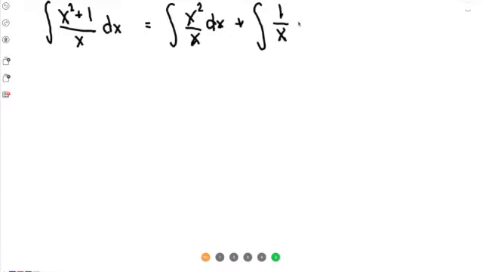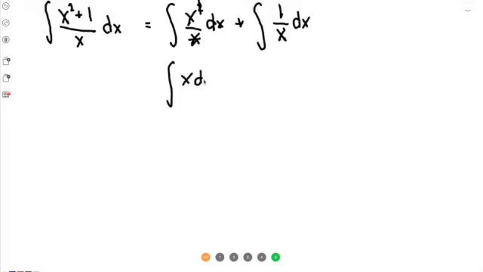So this looks like an easy one. So this will cancel out since may x din dito sa baba. So it will be equal to just, what happened? The integral of x dx. So that looks very easy now.